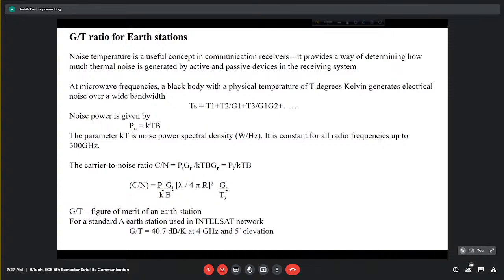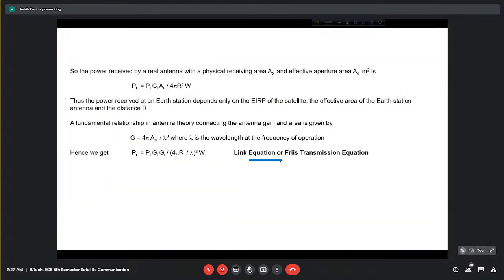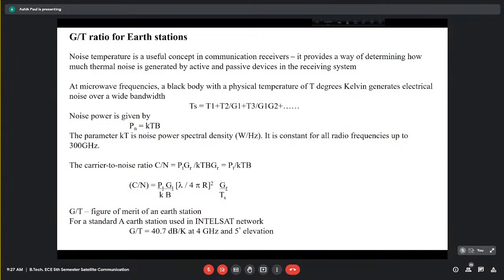That means if you simply put the value of the received power in that expression, the received power is your carrier and the noise is simply given by kT into B. If you simply put that, you will ultimately arrive at this relation, where PT into GT is the EIRP divided by kB. This is coming from the noise power contribution, and TS is nothing but this T, and lambda by 4 pi r square was there in that expression for PR.